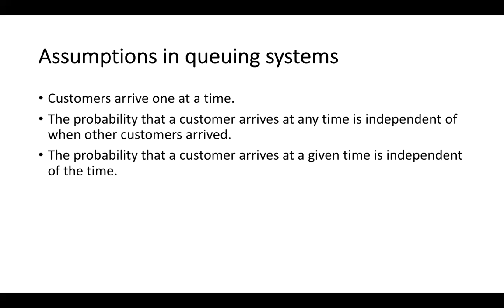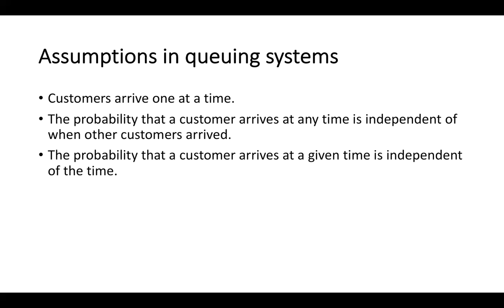The probability that a patient arrives to the system at a given time has nothing to do with the probability of other patients arriving at the same time. These patients are independent from each other, and their arrivals to the system are independent from each other.